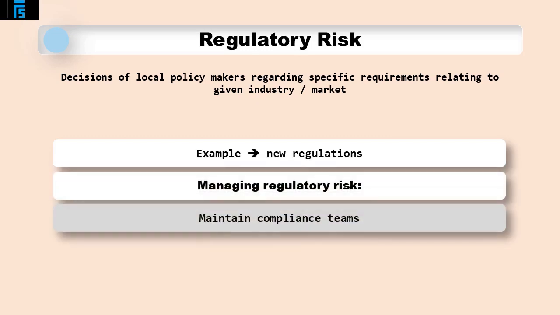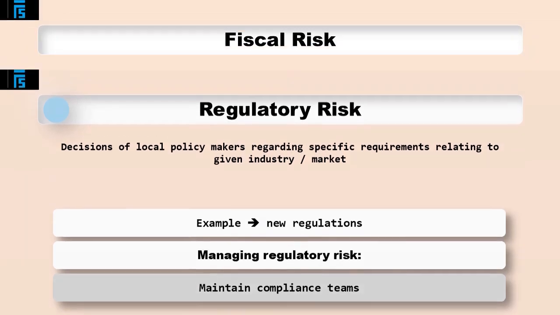Typically, companies maintain compliance teams which analyze planned and announced regulatory requirements and assess their impact, project the necessary implementation actions, and compute the cost of conforming to the new laws. Alternatively, companies may hire external consultants to perform these tasks.